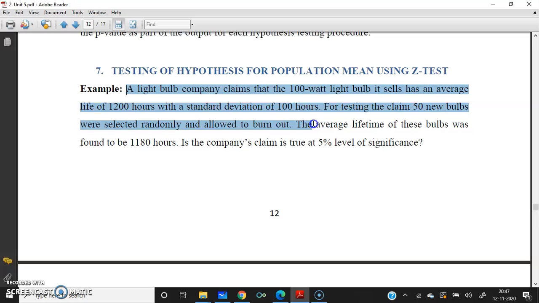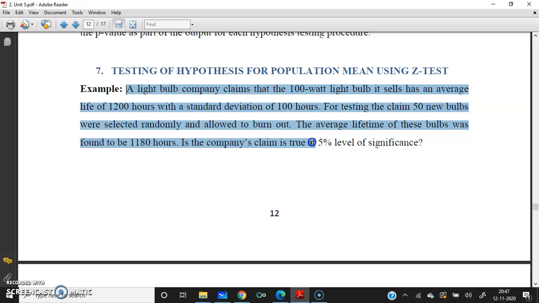For testing the claim, 50 new bulbs were selected randomly and allowed to burn out. Here 50 is our sample size, because we selected 50 bulbs from the whole population.